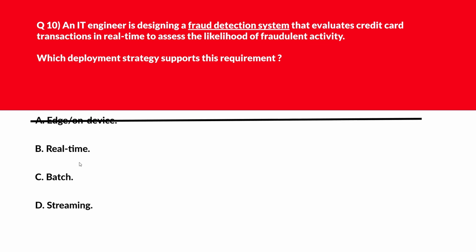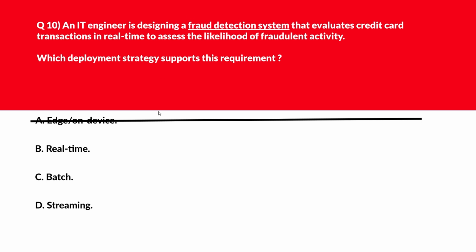B says real-time. Real-time deployment computes predictions instantly as each transaction is received, making it suitable for immediate fraud detection. We'll keep it. Option C says batch. Batch deployment introduces delay due to grouped processing, which is unsuitable for immediate fraud evaluation.